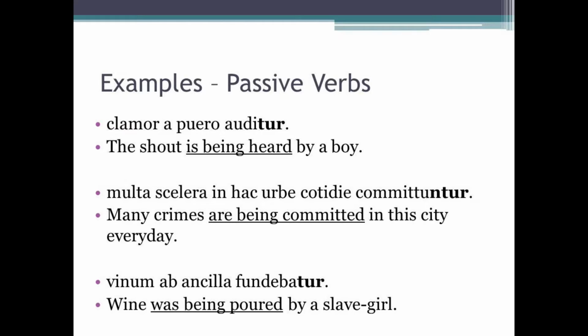Vinum ab ancilla fundebatur. Wine was being poured by a slave girl. So notice how each of these passive verbs has been translated with "being". And, just to reiterate, the endings are -r, -ris, -tur, -mur, -mini, -ntur.